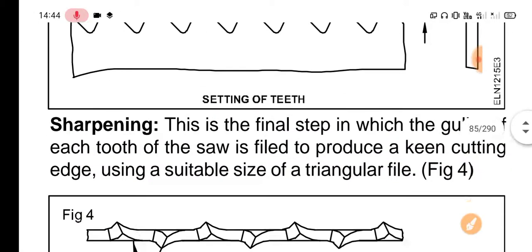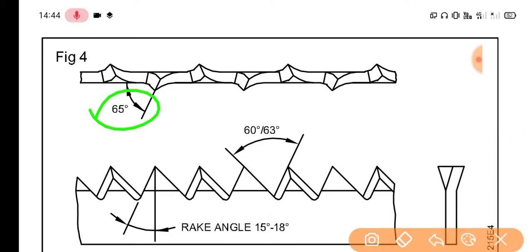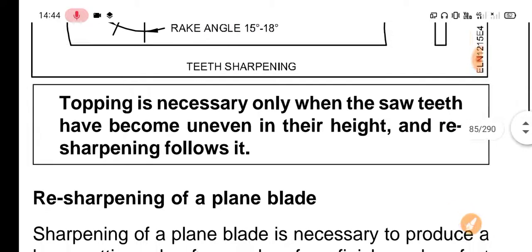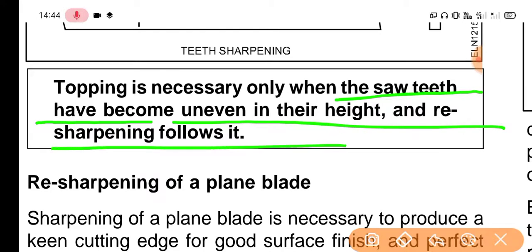Given in picture 4, this shows 65 degree angles, 60 and 63 degree angles, rake angle 15 to 18 degrees. Topping is necessary only when the saw teeth have become uneven in height.